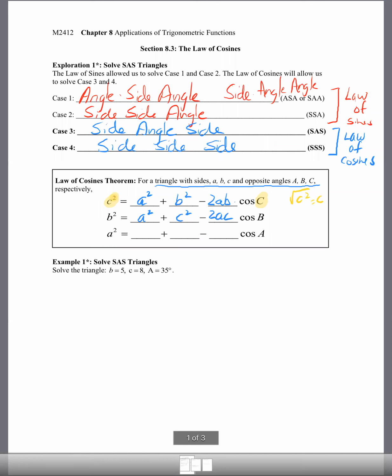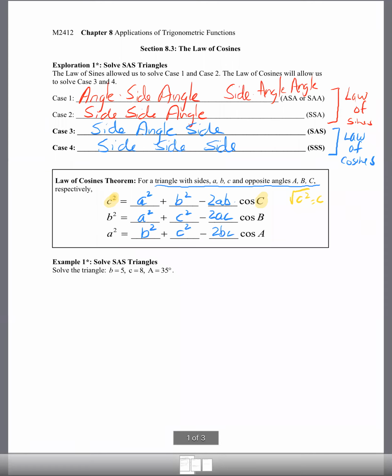We'll do the same thing for a squared also. If you're looking for side a, then you're going to need b squared, c squared, minus 2bc, and you'll notice here you're taking it times the cosine of A.